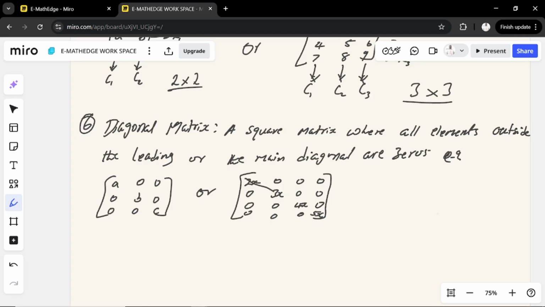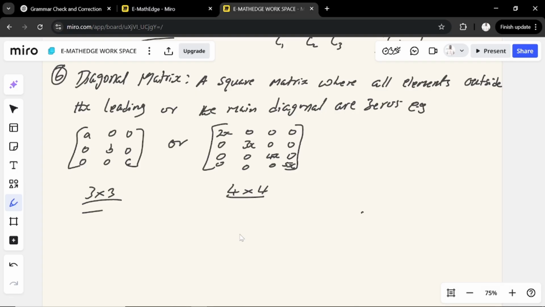Now, if you observe, the elements at the main diagonal are represented with expressions while every other element is zero. So this is a 3 by 3 matrix and this is a 4 by 4 matrix. Mind you, the first condition you need to identify a diagonal matrix with is that it must be a square matrix. Then secondly, the elements outside the leading or the main diagonal must be zero. So whenever you have such a matrix, note that it is a diagonal matrix.